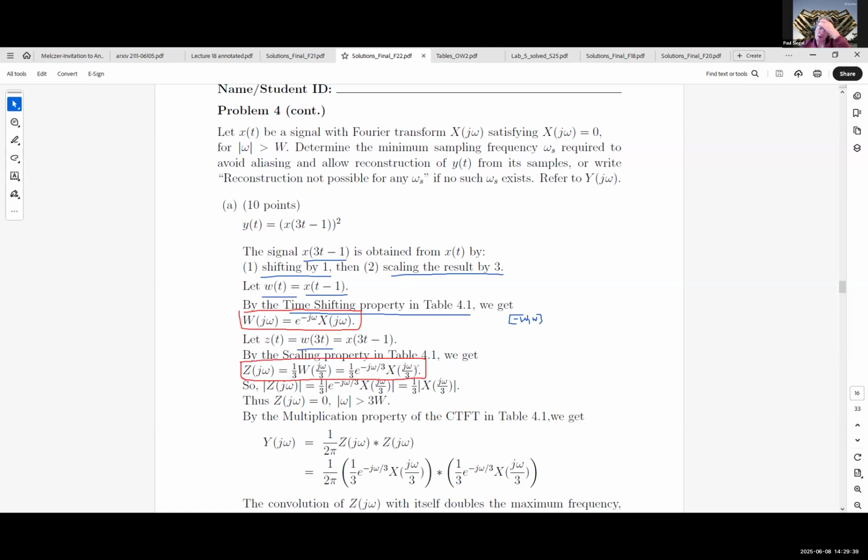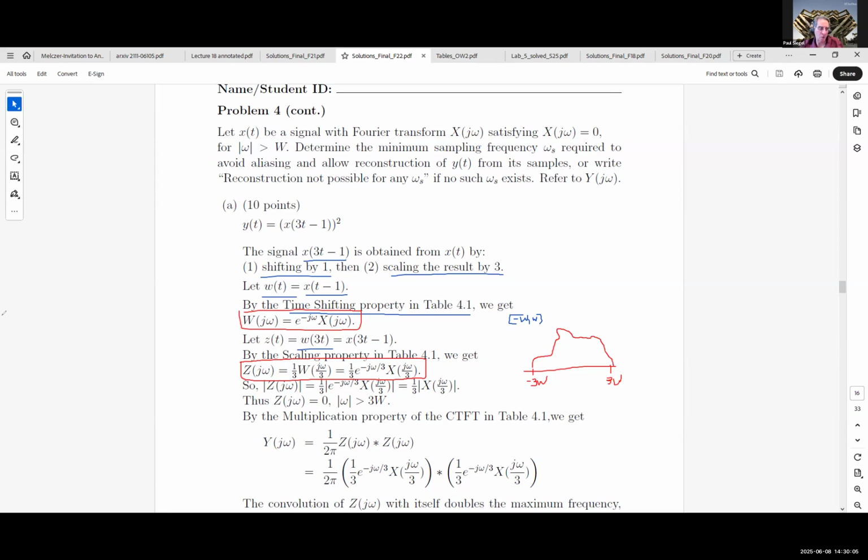So again, the question is, where is that going to be 0? That's really what you're asking. And this j omega over 3 means that we stretch things out, so it's going to be from minus 3W to 3W. That's the region where it could be non-zero.